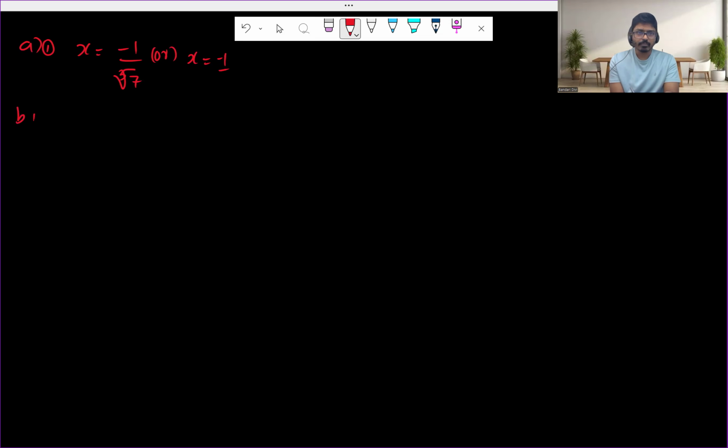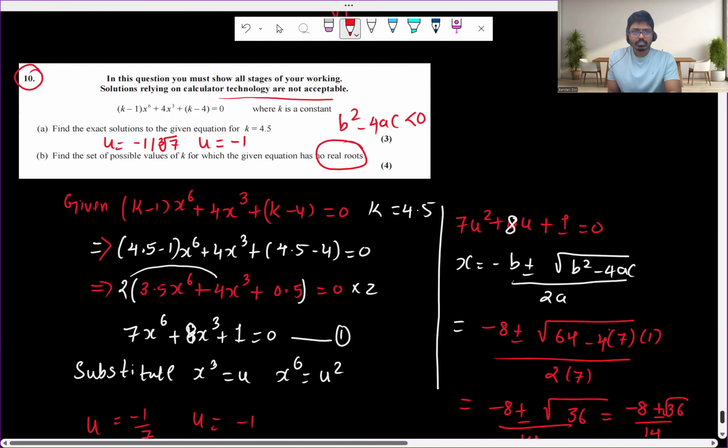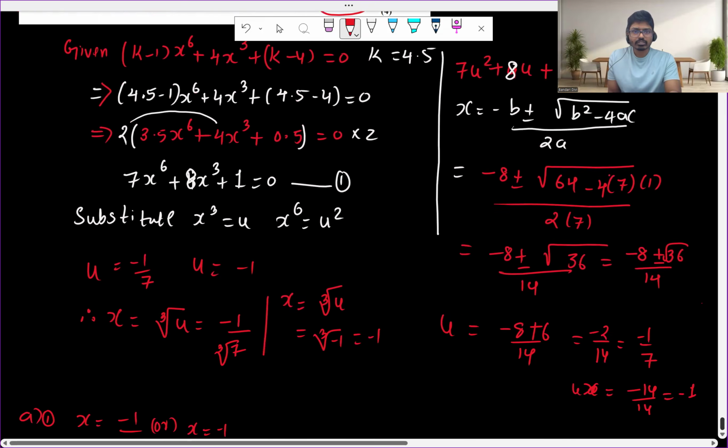So for part B, we need to find the exact set of solutions, which means we have to find the value of k. Here it is given no real roots, which means b squared minus 4ac is less than 0. And then what is our given equation? Let me write down the given equation, k minus 1 x raised to 6, right?